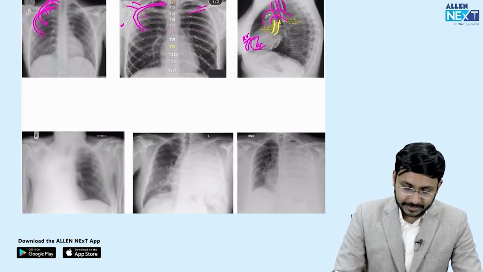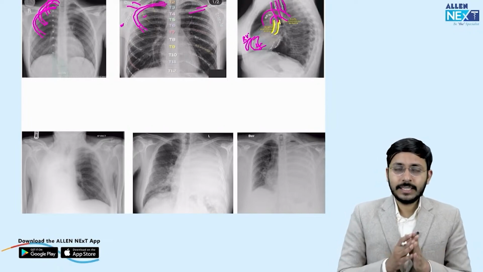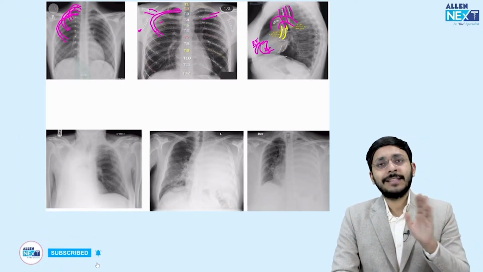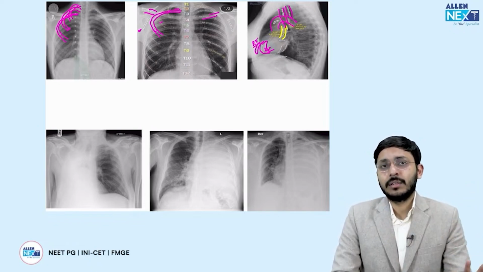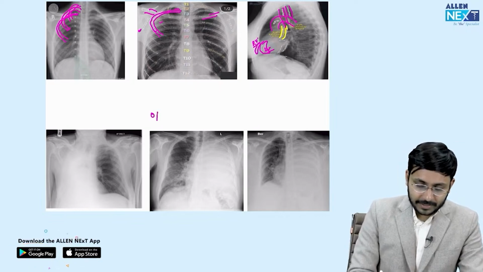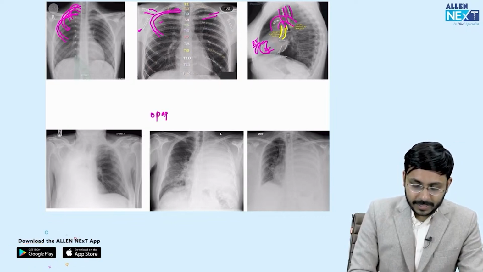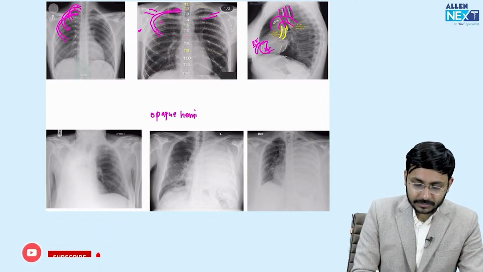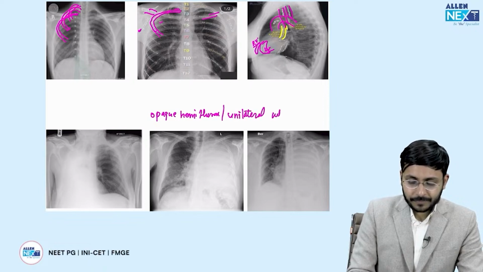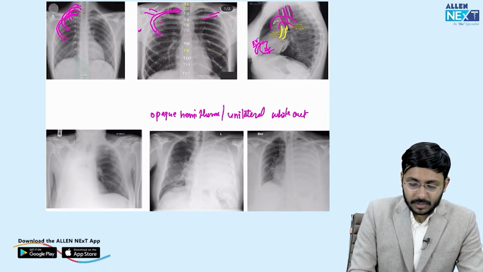Now on a chest X-ray, whenever you see an opaque hemithorax, what is an opaque hemithorax? That one side of the thorax has completely whited out. So unilateral white out lung. We are reading the DDs of opaque hemithorax, or unilateral white out lung.